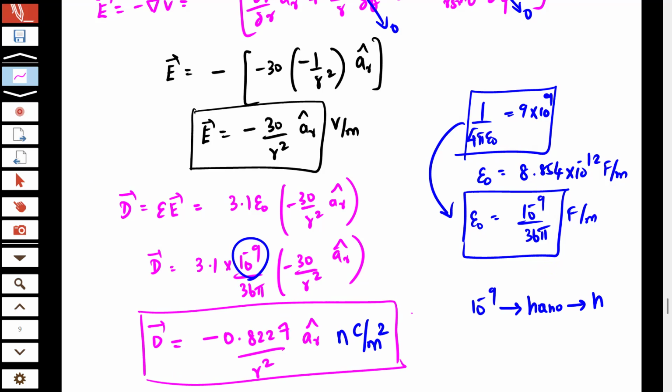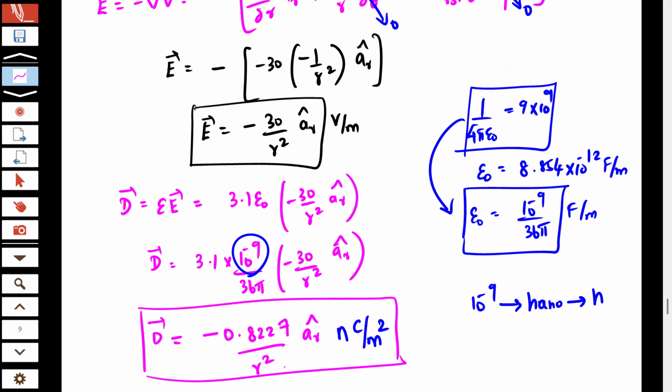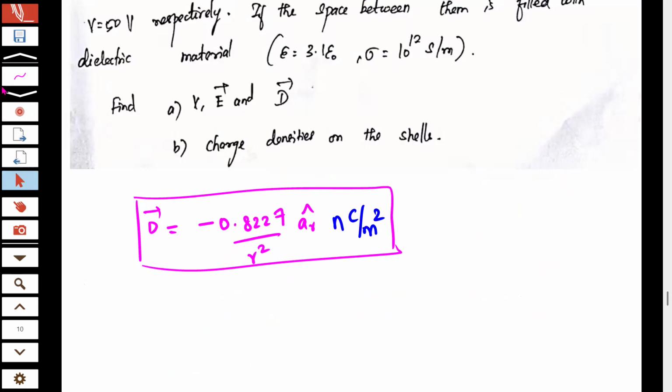which we have found. Now, the next subdivision is we are asked to find the charge densities on the spherical shells. So let us proceed to find the charge densities on the spherical shells. From the flux density vector, we can find charge density. We know these are the concentric spherical shells.